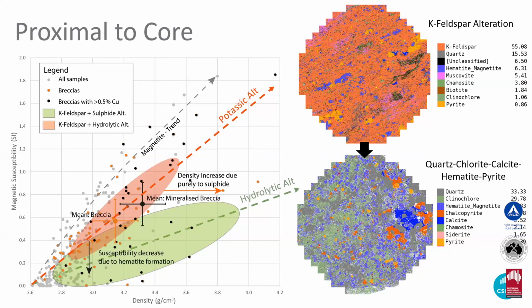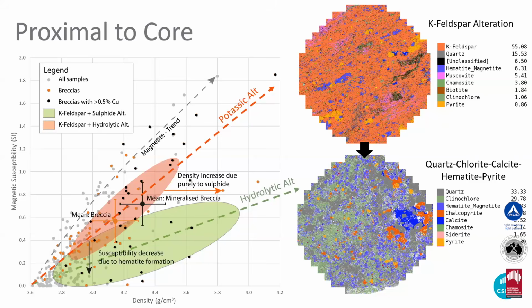There's a couple of reasons for that. We're losing magnetite and we're making pyrite, but this muscovite and chlorite, although they're not incredibly dense, are adding a little bit of density relative to the generic host rocks. So we're coming down in magnetism a bit, but we're mostly just getting denser.